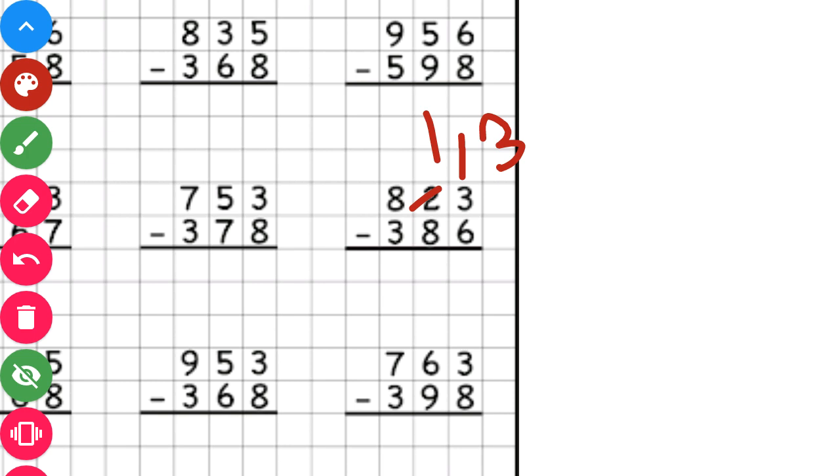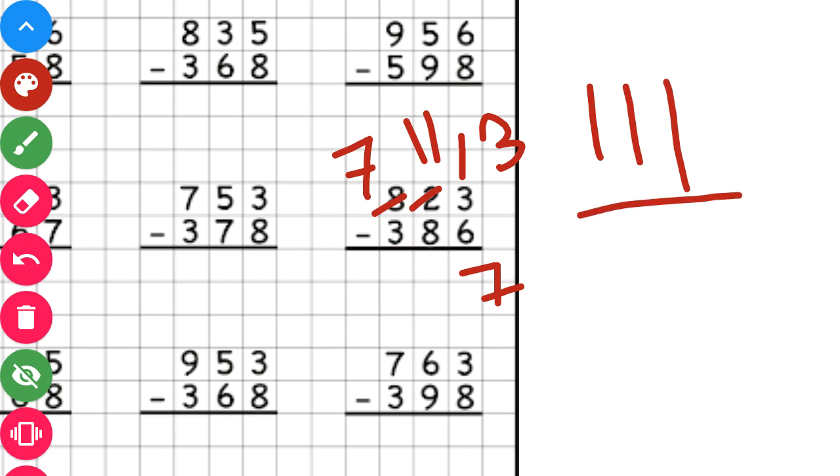How much have we got? 7. Now 8, and we have 1, so we cannot subtract 8 from 1. What will we do? We will take a borrow. So this 1 will become 11 and 8 will become 7. Now count after 8 to get 11: 9, 10, 11.